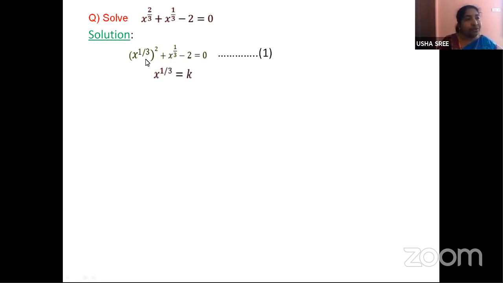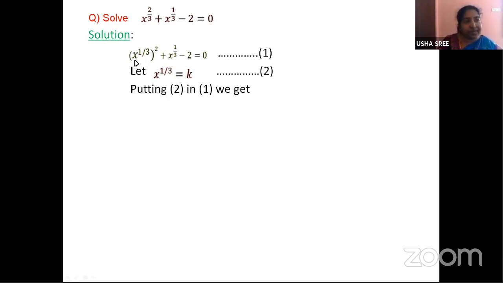Then we will try to substitute x power 1 by 3 as k, some constant. When I do so, you will just substitute this k value in the place of x power 1 by 3 in equation 1.